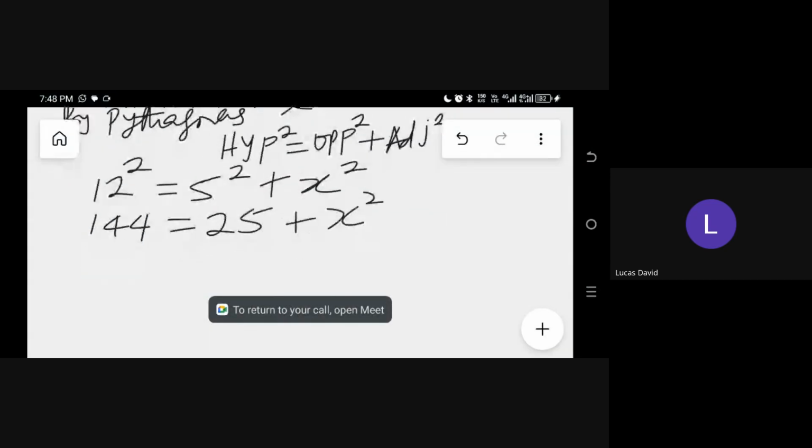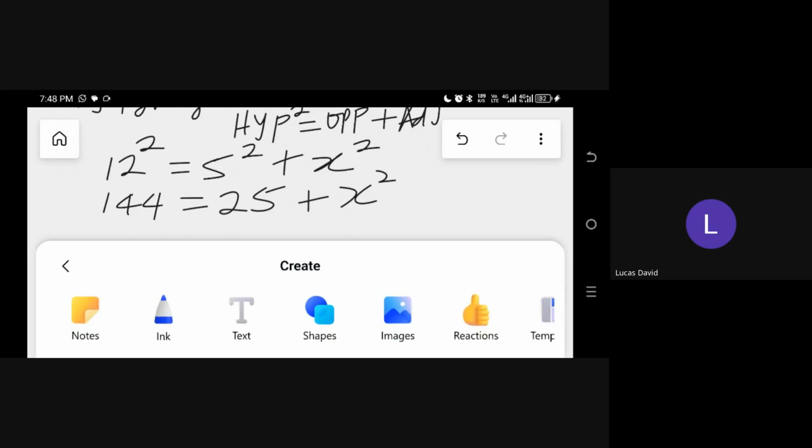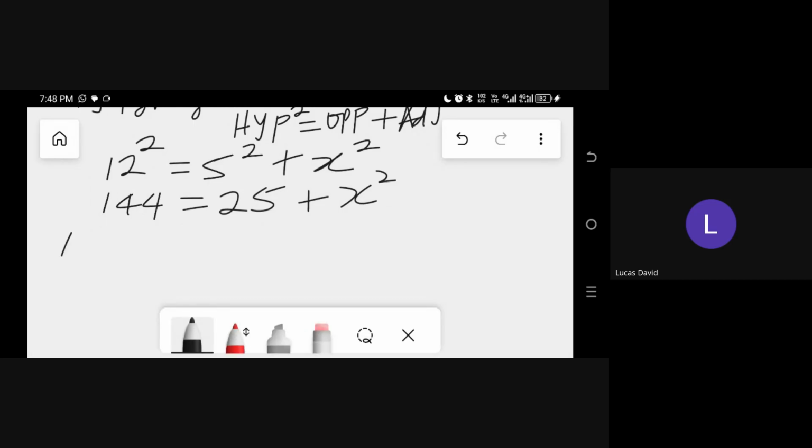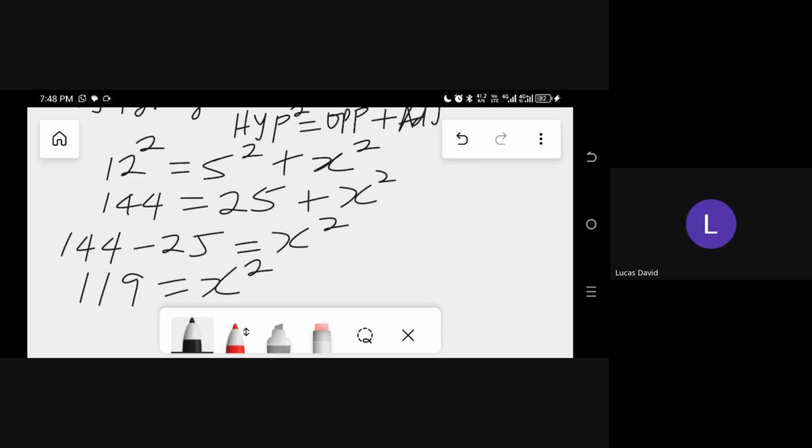So when we collect the like terms, we would have 144 minus 25 is equal to s to the power of 2. Subtract this, 144 minus 25 would be what? 119, I think, equals s to the power of 2.